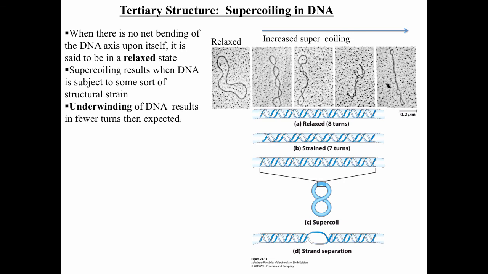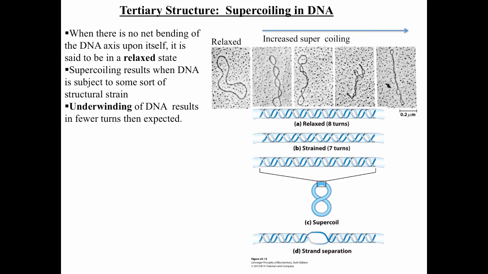Now, it's the structural strain that induces supercoiling, and specifically, in most cases, it's the underwinding of the DNA. You can have underwinding and overwinding, but usually it's underwinding that supercoils the DNA. Underwinding is when you have fewer turns in the helical DNA molecule than expected.